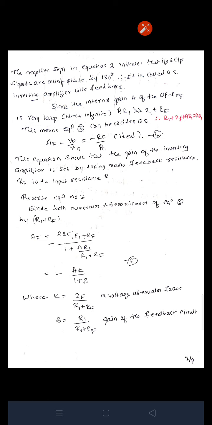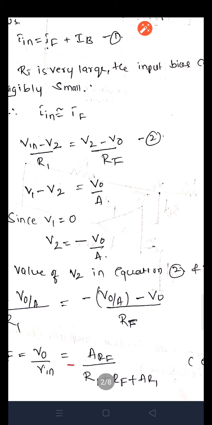So in this way we can calculate the ideal gain of the amplifier. Rewriting our equation number 3, the exact equation for feedback, we divide both the numerator and denominator by r1 plus rf.